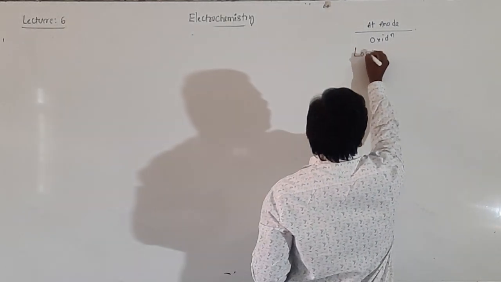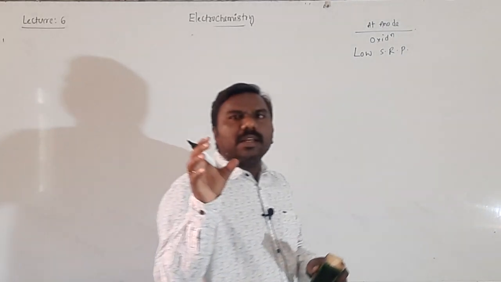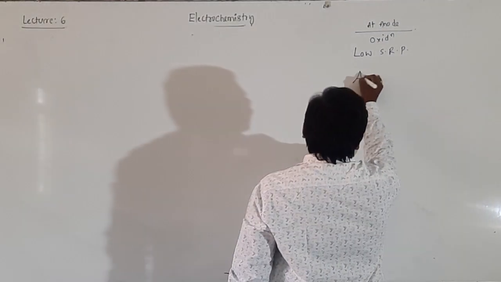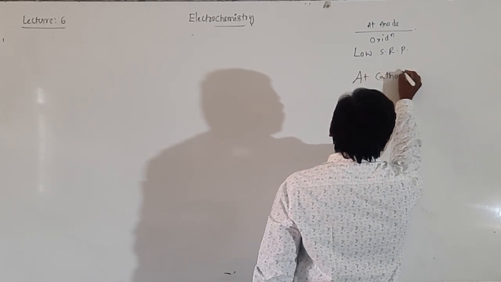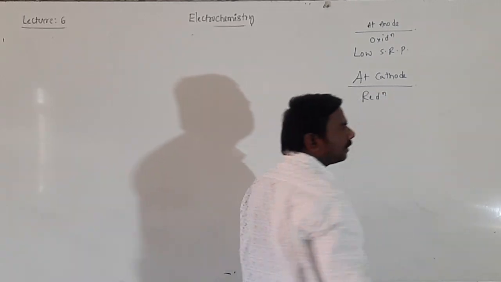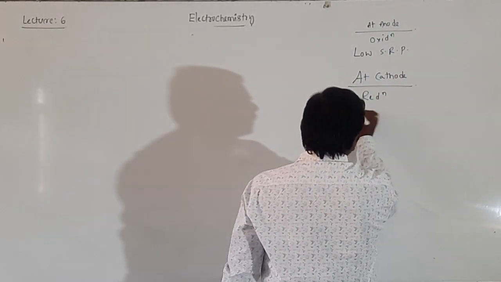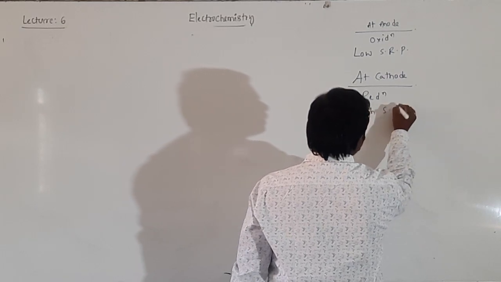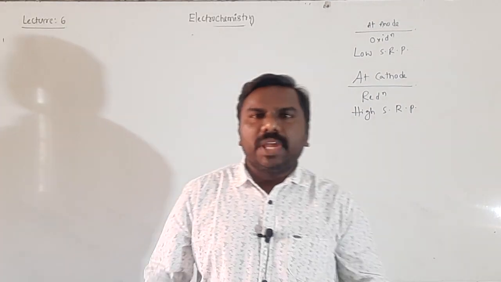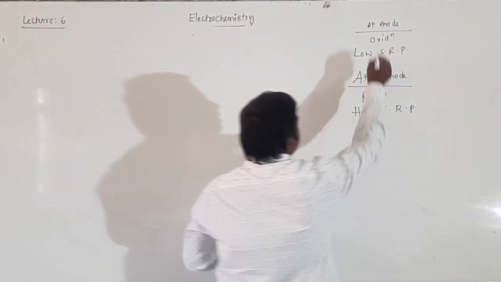Low SRP is favorable for oxidation; the low SRP ion will be oxidized. At the cathode, reduction always takes place, and the species with high standard reduction potential is favorable to reduce at the cathode. You have to remember this first of all.